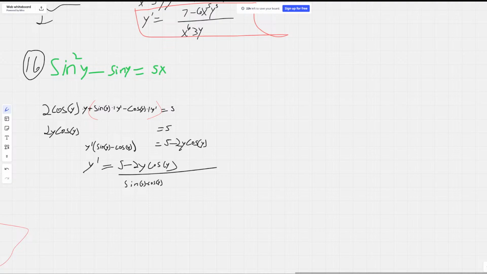Y plus 9y times y prime, cosine times y prime equals 5.